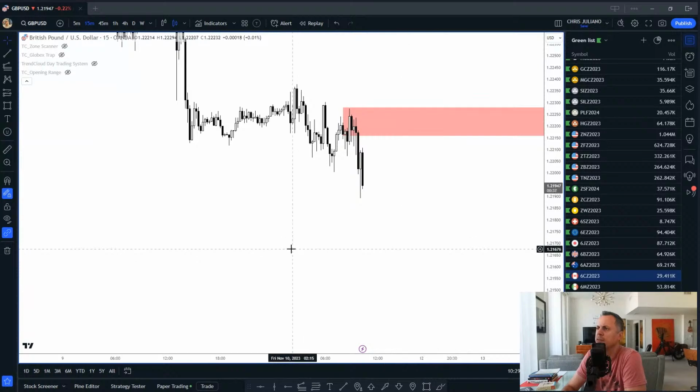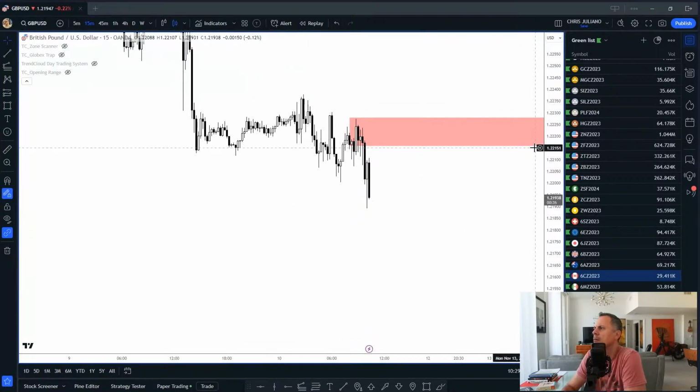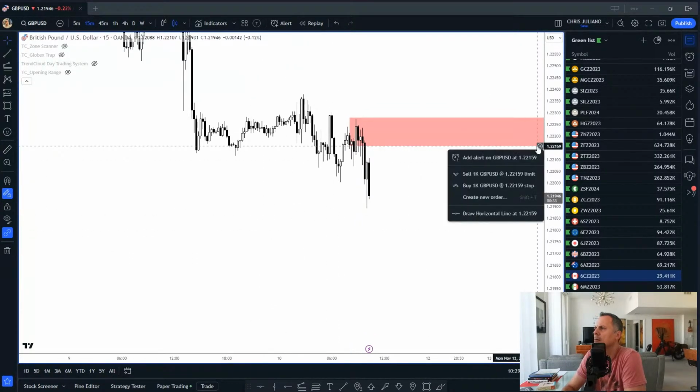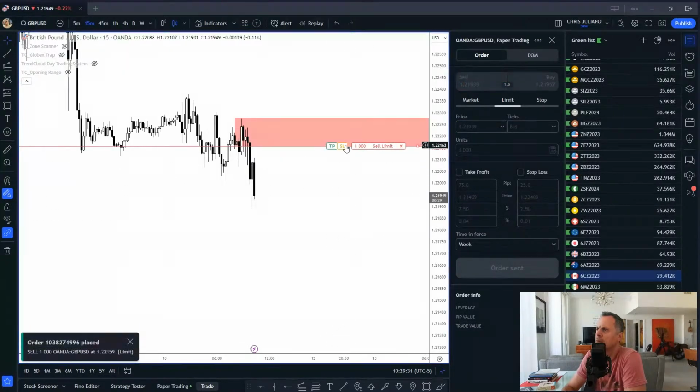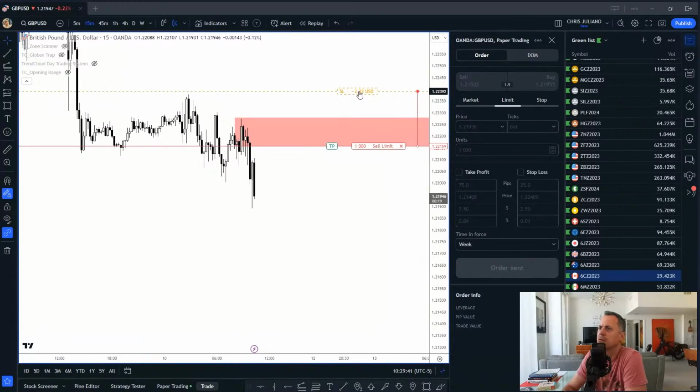Right, and you've got it right there. With this, you can really scale out. You can really scale out of this position. I mean, you can take that full range there.